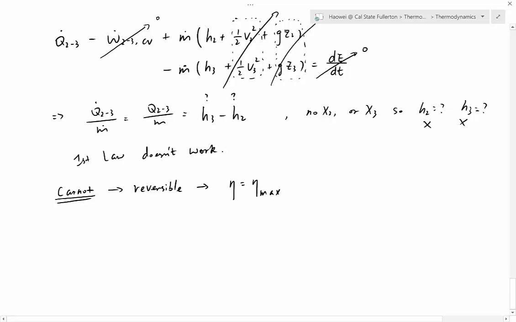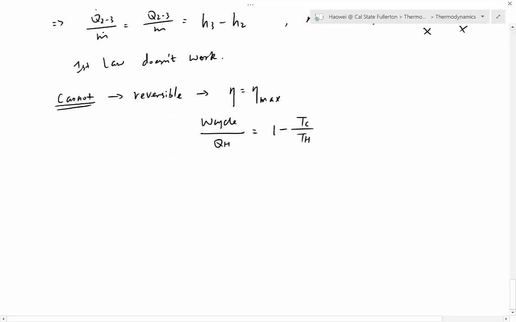Keep that in mind. Carnot means every step is reversible, and if the process is reversible, eta must be equal to eta max. Okay, let's start from left hand side. Eta is defined as W cycle over QH. That's the definition of eta. And what is eta max? The equation was given, 1 minus Tc over Th. And how do we write W cycle? Do you remember? W cycle can be rewritten as QH minus QC, over QH.